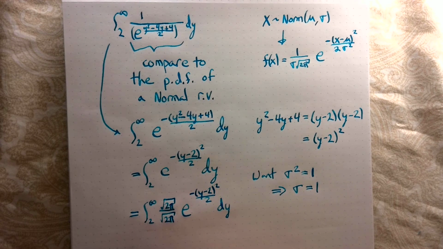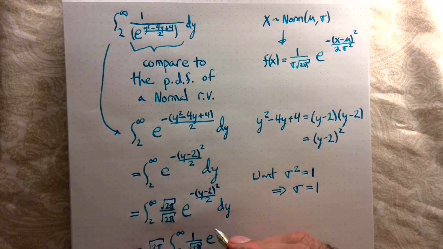So to do that, I need to pull this square root of 2 pi out. So now this is square root of 2 pi times the integral from 2 to infinity of 1 over the square root of 2 pi times e to the minus (y minus 2) squared over 2 dy.